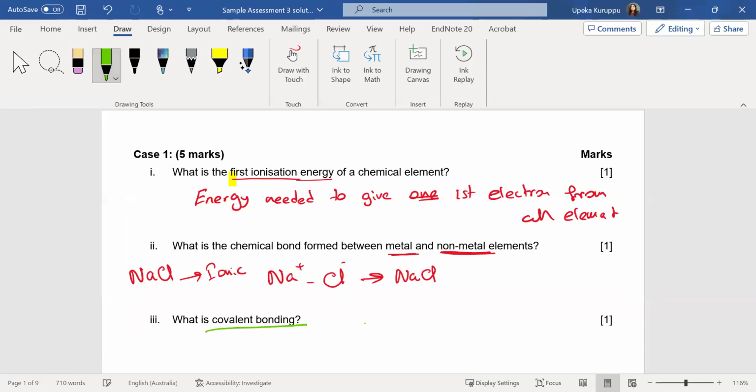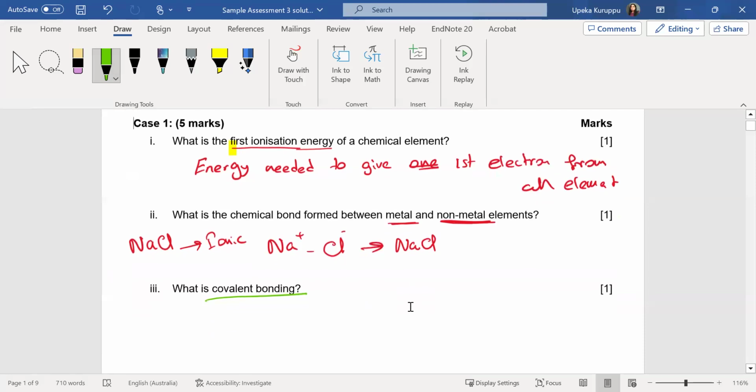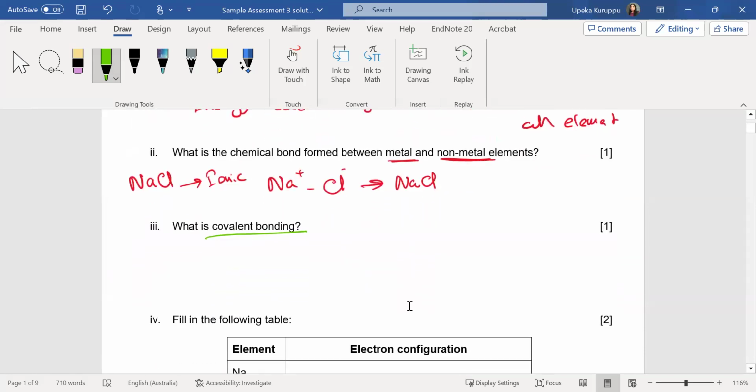What do we mean by a covalent bond? That is for ionic, yes, giving electrons and accepting electrons. In covalent bonding, they share electrons, am I right? For example, CH4.